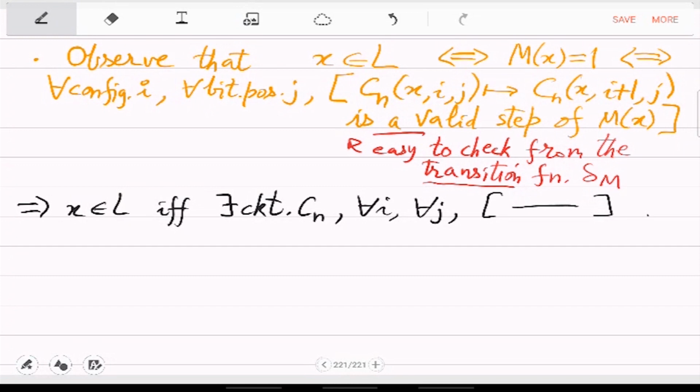It's a thorough check of M of x computation, and hence it is equivalent to x being a yes string. So this means that L is in sigma 2, right. So EXP is in sigma 2 then.